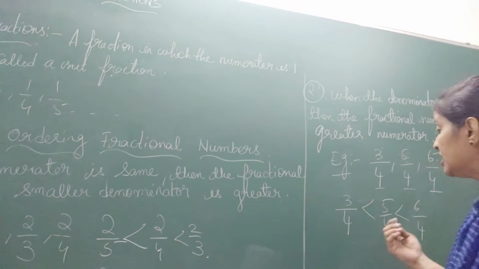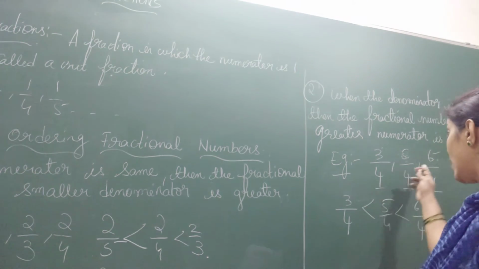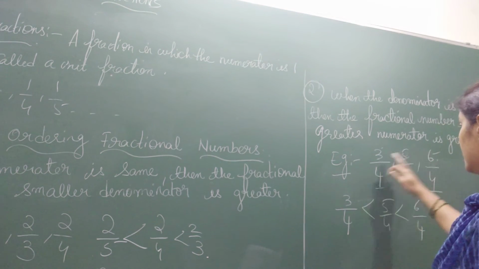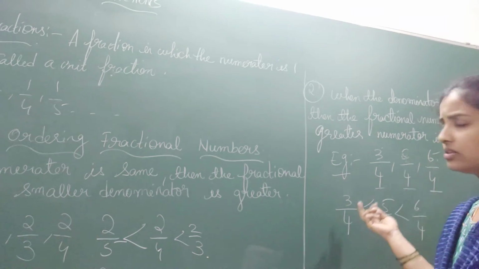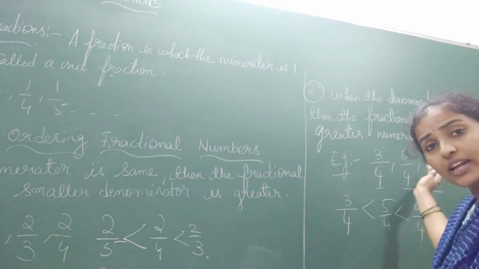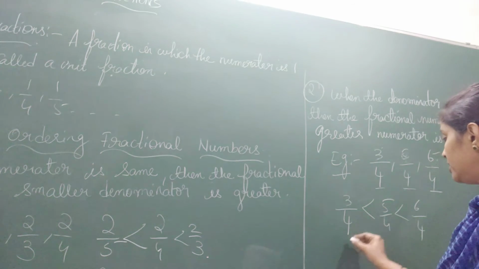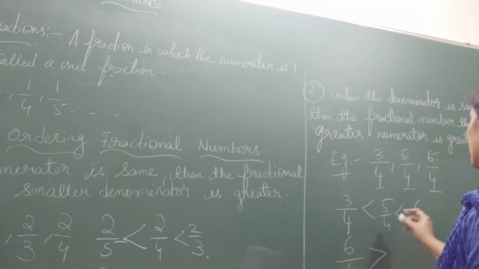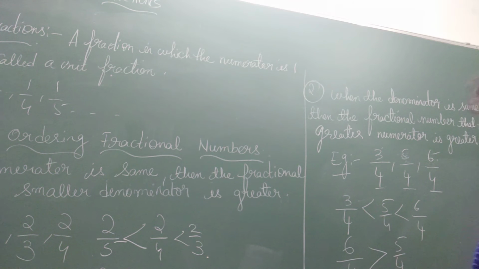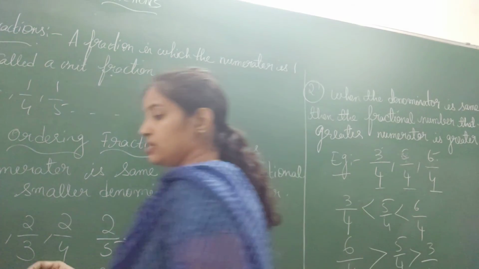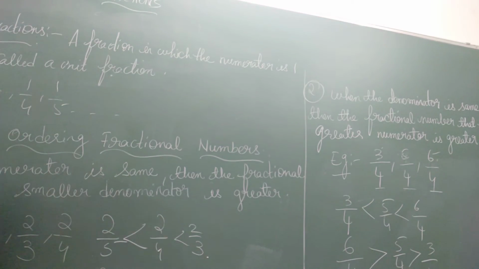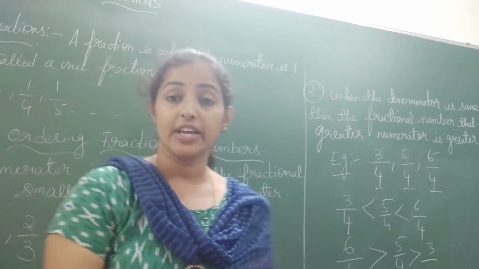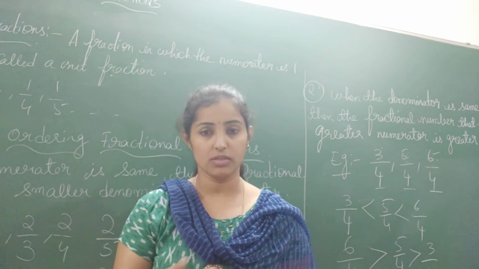If I arrange in descending order, 6 is the greatest, so 6 by 4 is greater than 5 by 4, which is greater than 3 by 4, right? In this way we need to identify which is greater and which is smaller.